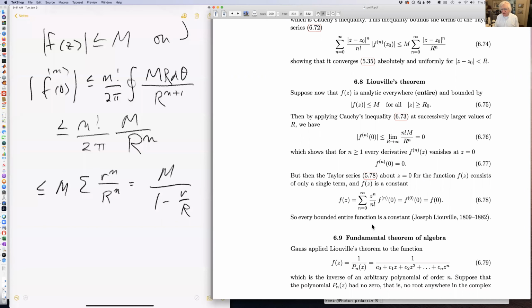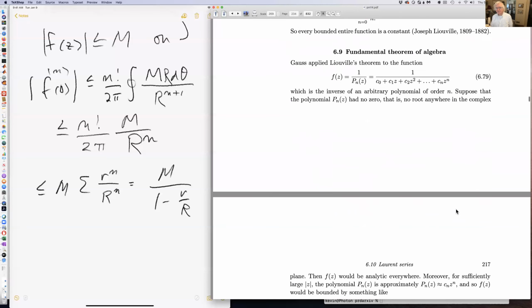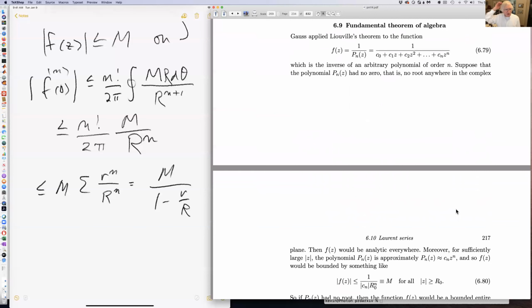And if it's bounded, then outside a circle it's bounded by m, and consequently you get a constant. So once again, another remarkable result of the Cauchy-Riemann conditions.